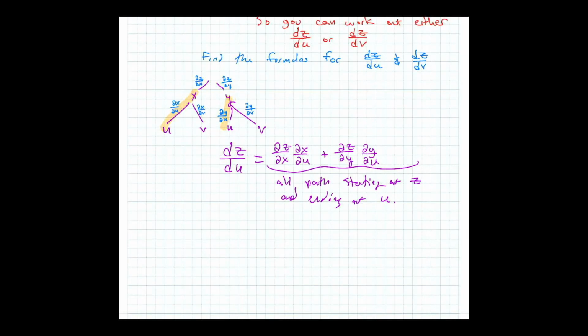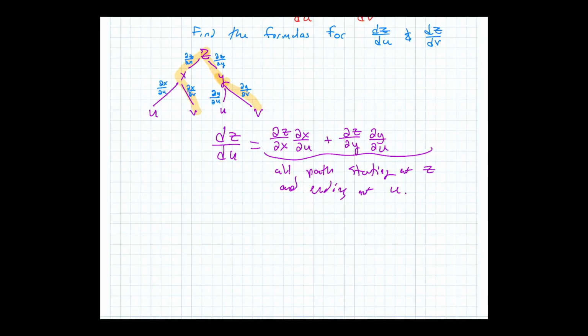The other one would be starting at z and going to v. So from here to here to here, and here, here, right? Those are the ones that start at z and end at v.